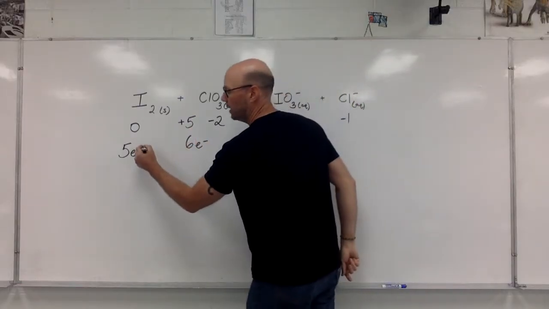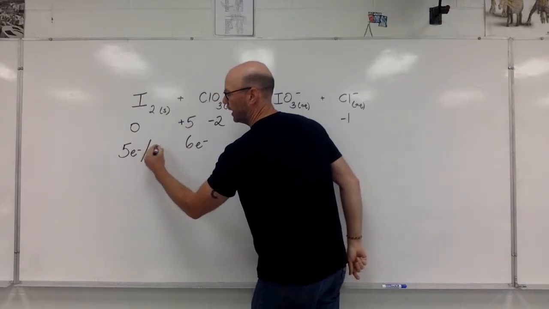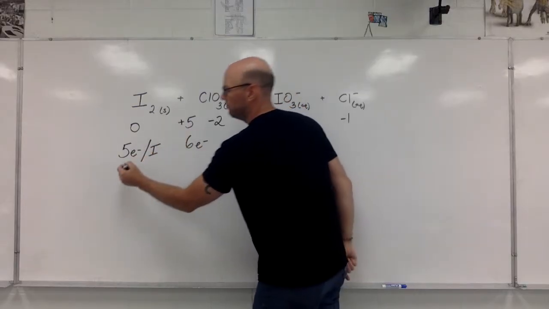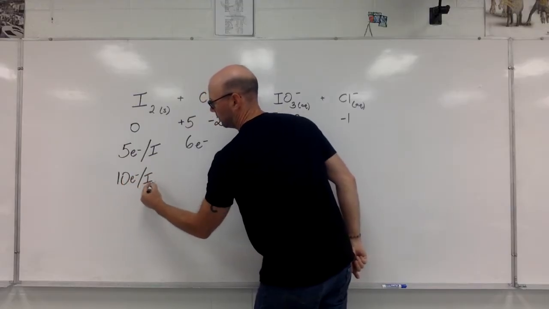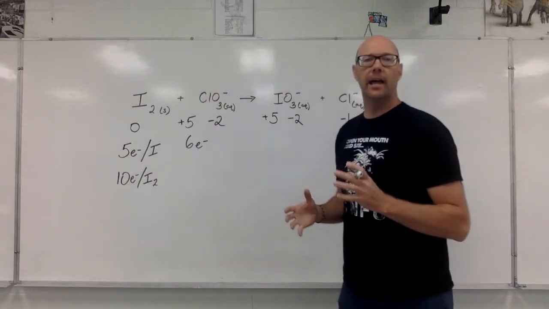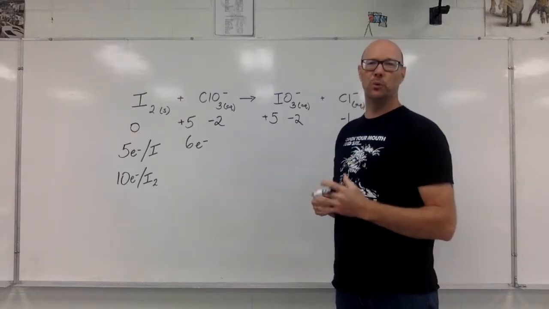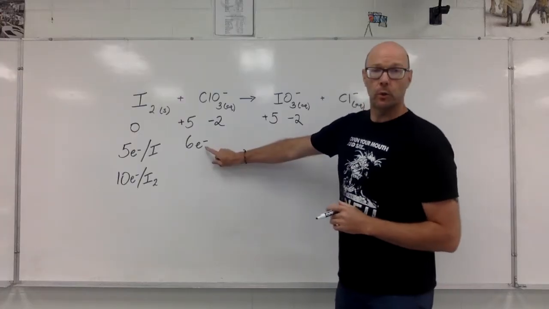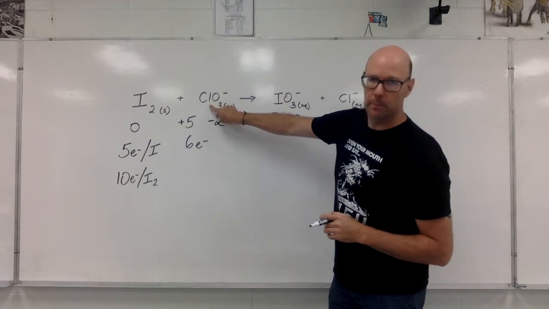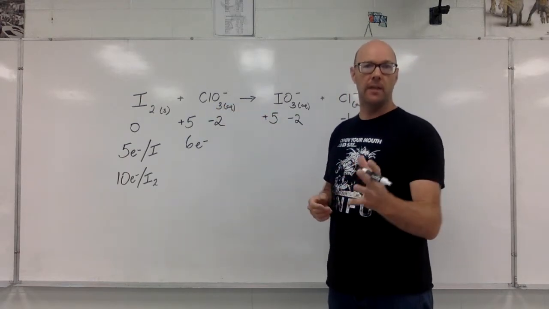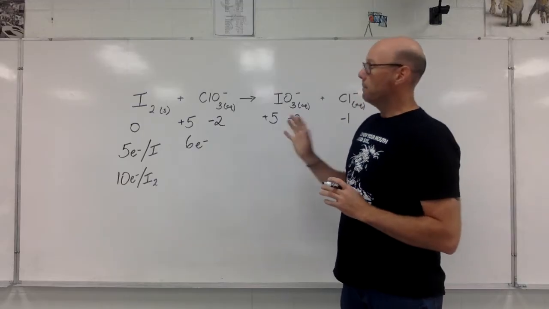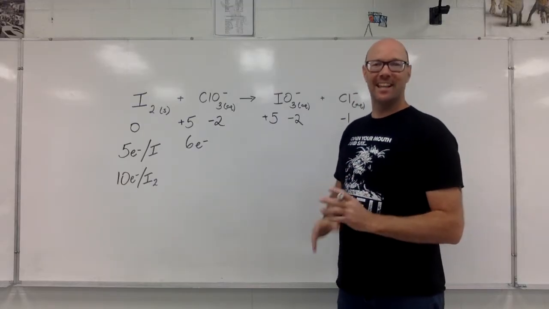It was 5 electrons per iodine, but there's 2 of them. Was 10 electrons per I2. With the chlorine, it doesn't have a subscript right there, so I don't have anything extra to worry about in that regard.